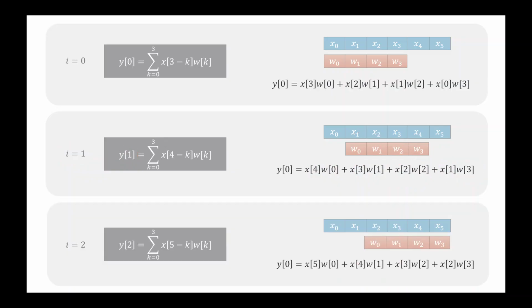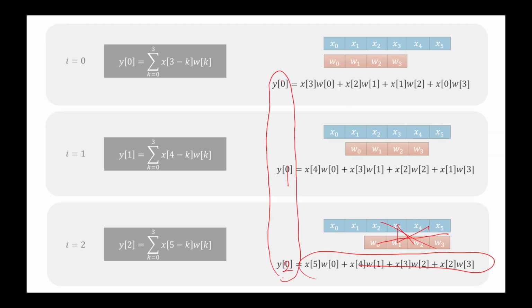And again, if I were to do i equal to 2, which is y at position 2, I do the cross multiplication like that again, to get all of this. And again, I think I made mistakes here. This is supposed to be 1, 0, 1, and 2. Sorry.